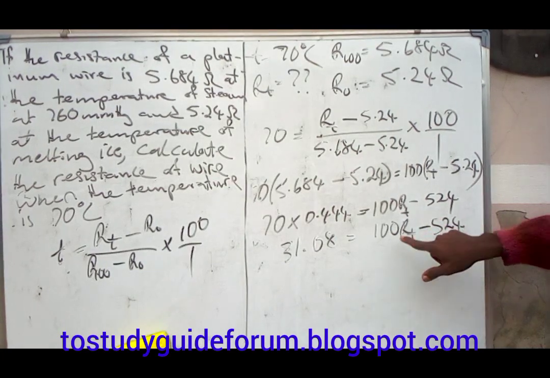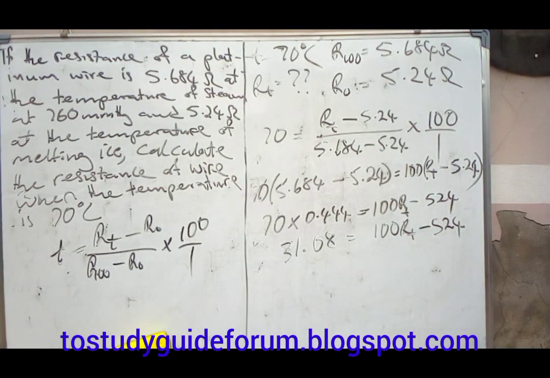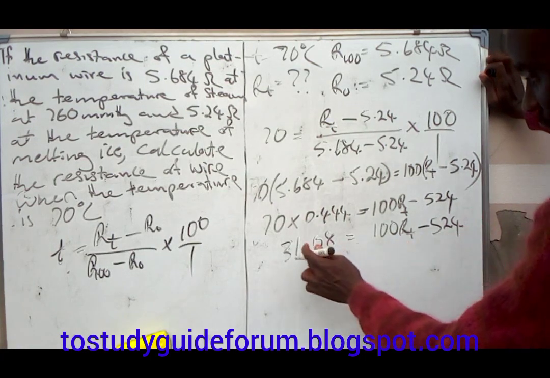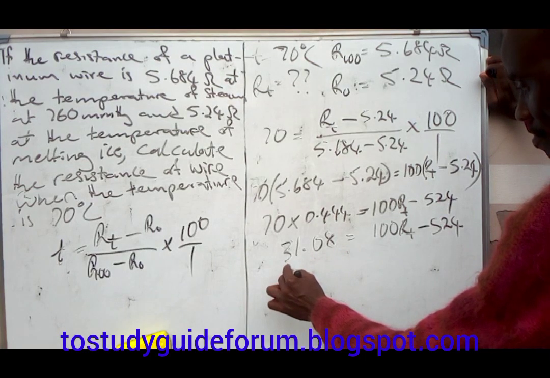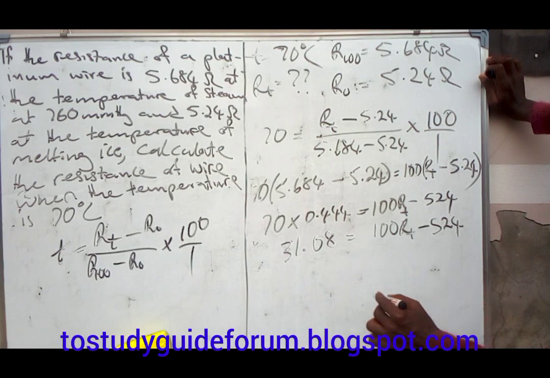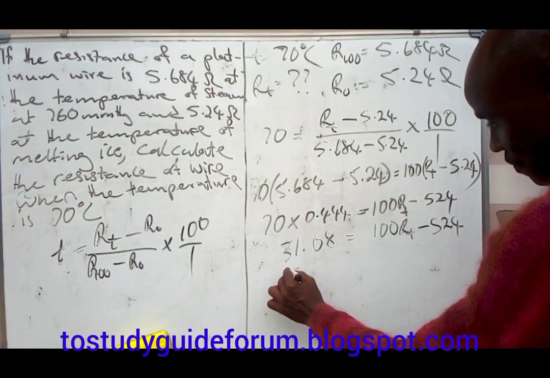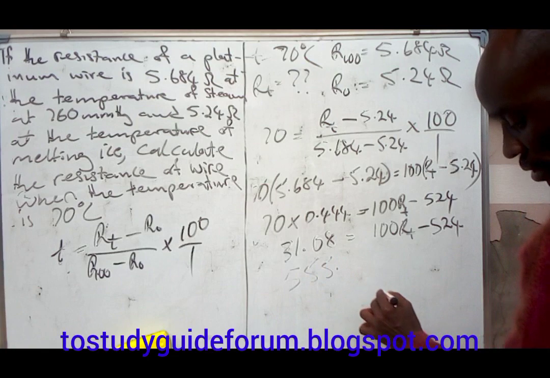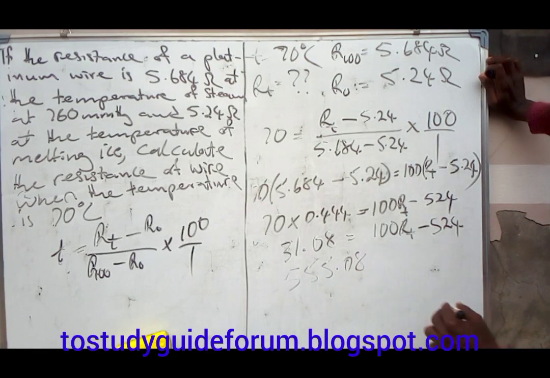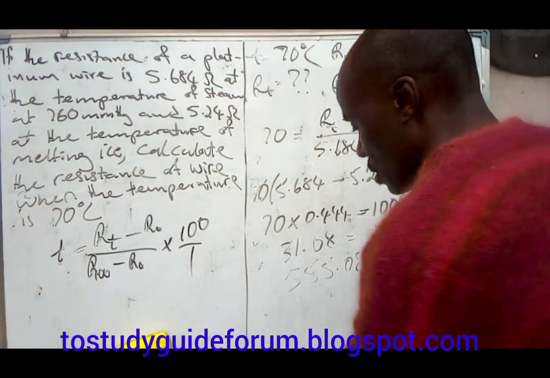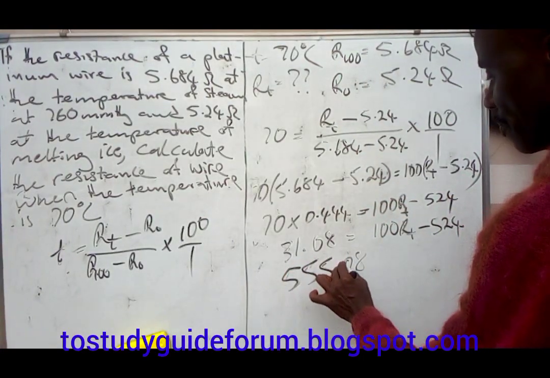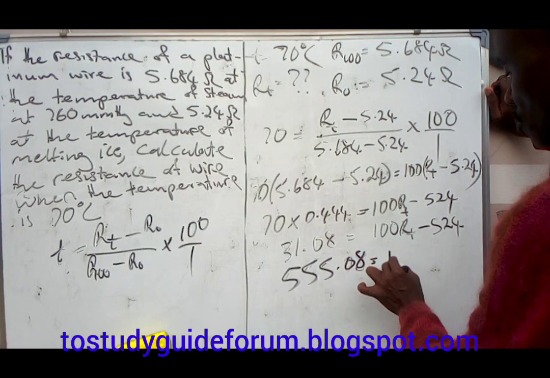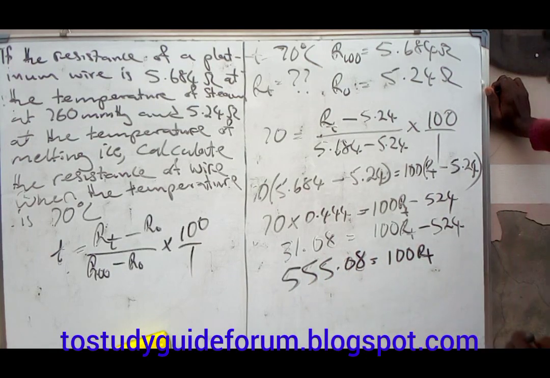The 524 crosses the equality sign, so it is added to 31.08. Adding, we get 555.08 equals 100 R_T.